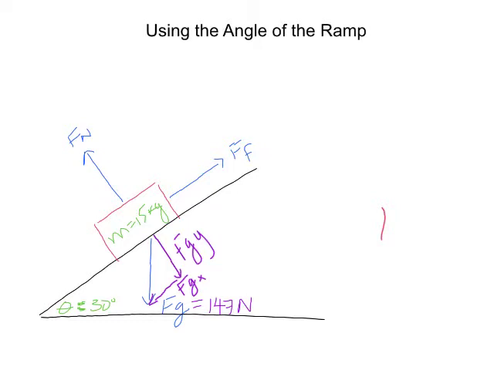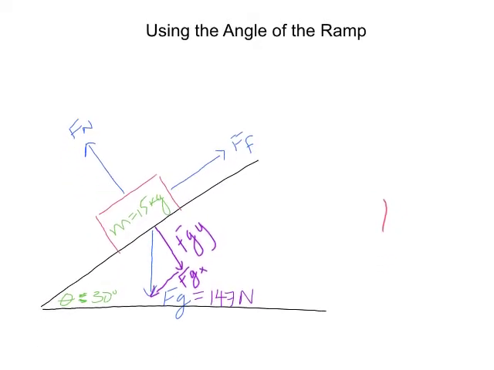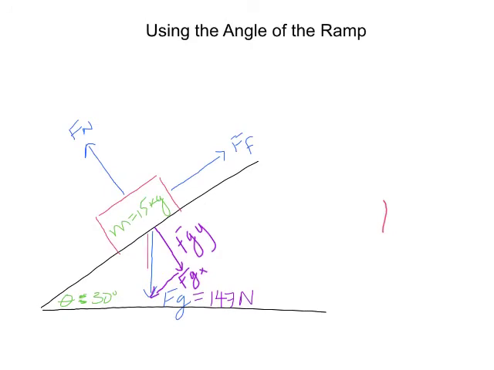So we have our 30-degree angled ramp. All right, so if we think of this line actually going down and making a right triangle, that means this angle right here is 60 degrees.